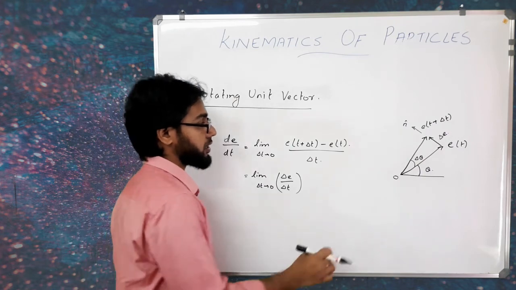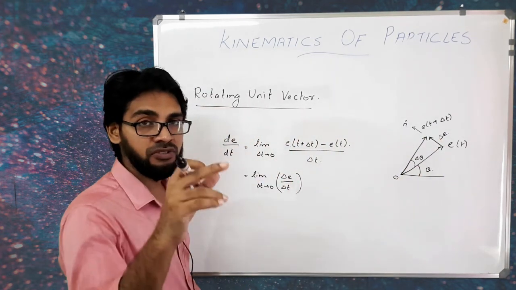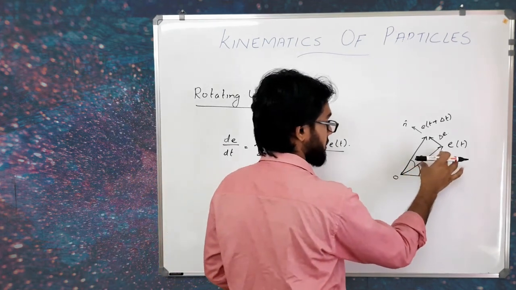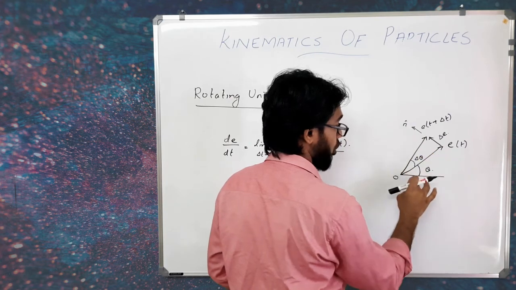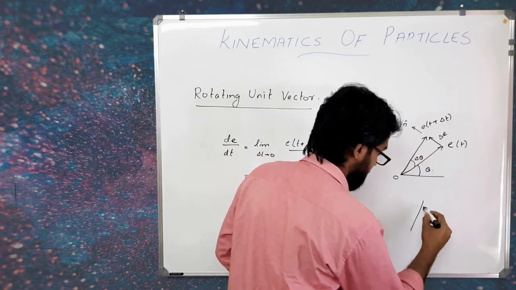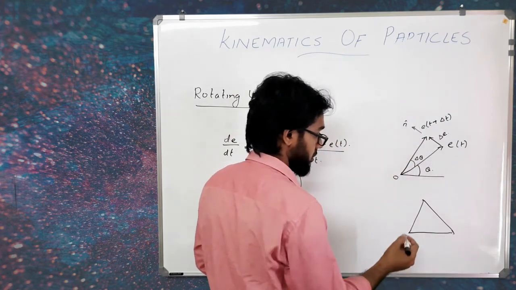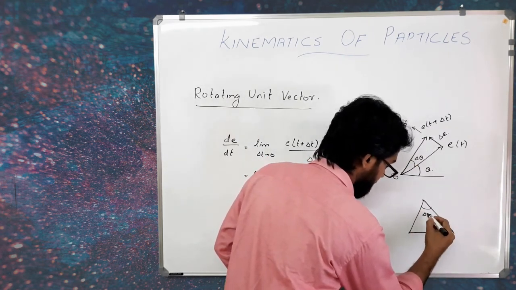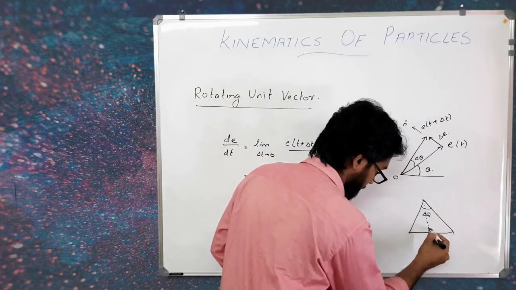Now these three vectors form an isosceles triangle, because the magnitude here and here is the same. This is Δθ.